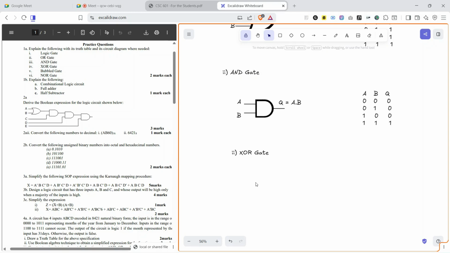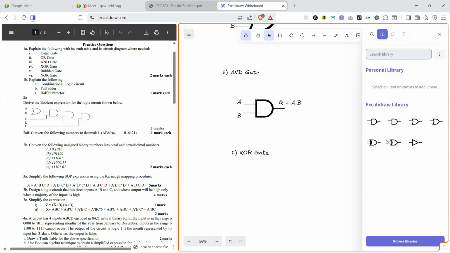So for exclusive OR, the diagram would be, this is going to be the diagram.